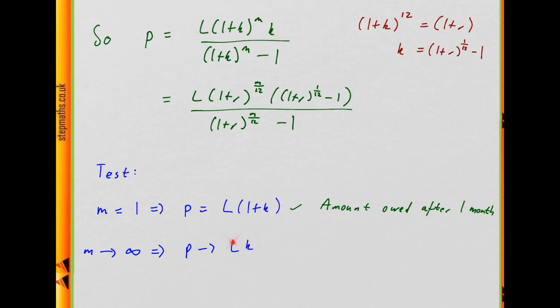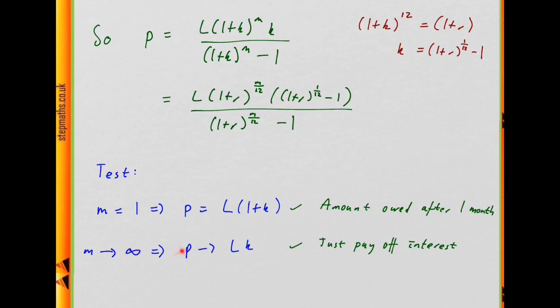Does that make sense? Well, that means the amount we're paying back is basically just the interest we accrued on the initial loan. And that's something people do. You just pay off the interest each month if you don't care about paying off the amount you initially borrowed. And if we're sending m to a large number, that means we don't care about paying off the initial amount we borrowed very quickly.